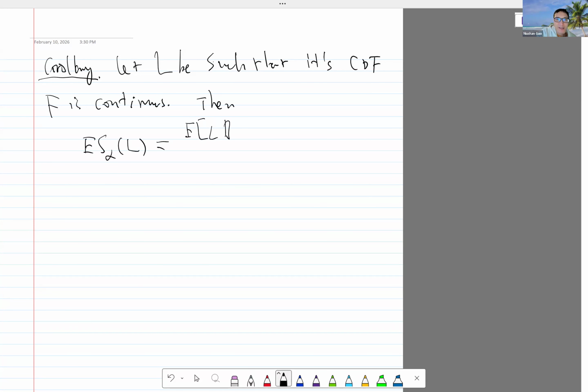the expectation of L times the indicator function of A, over the probability of A, where A can be chosen to be the set of omega such that L of omega is larger than the value at risk of L, right?